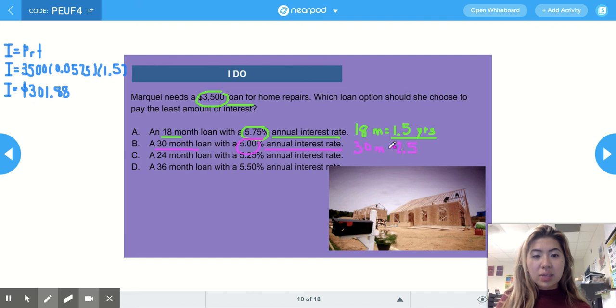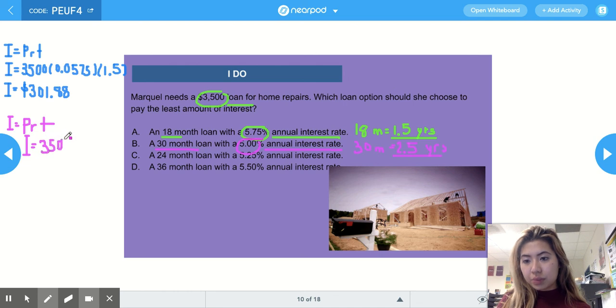So I got that by dividing 30 by 12. So instead of plugging 30 in as a time, I'm going to actually plug 2.5 in. So for the next loan option, we have I is equal to P times R times T. We're plugging in the 3,500 for the principal. And then 5% as a decimal is 0.05.